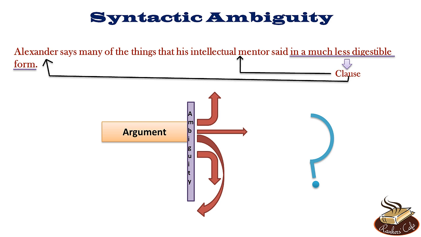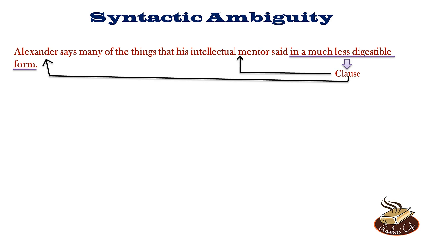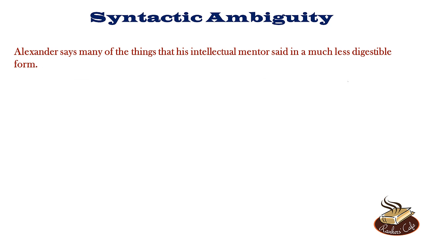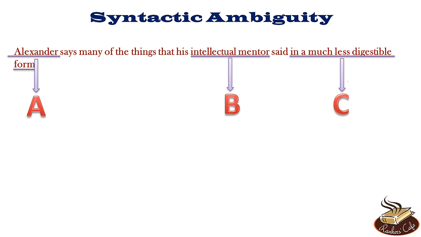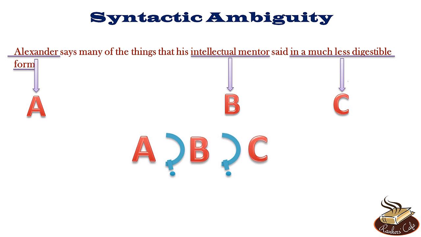It could be either Alexander or his mentor. And if you get a question based on the relationship established between the various elements, that is, Alexander, mentor, and the clause in a much less digestible form, things can become a little uncomfortable.